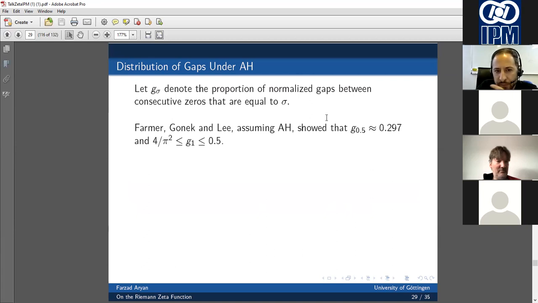After formulating the AH, they proved that if the alternative hypothesis is correct, then the number of gaps equal to 1/2 is about 30% of all gaps between consecutive zeros, and the number of gaps equal to 1 would be something between 40% and 50%.